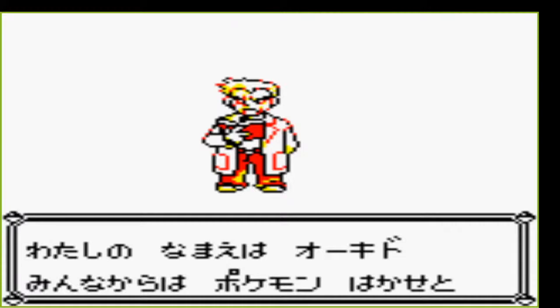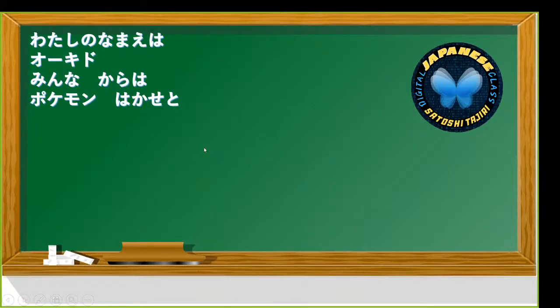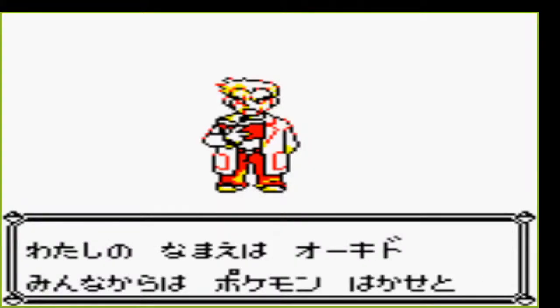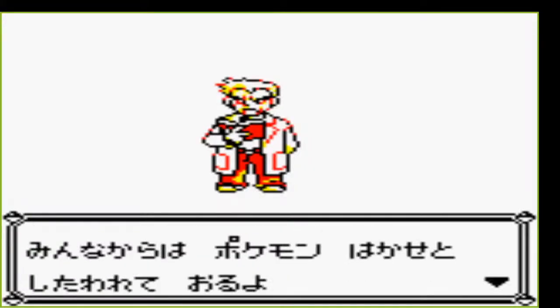Minakara wa Pokemon Hakase. Okay. Very good. Okay. Let's go here. Watashi no namae wa Okido. Minakara wa Pokemon Hakase. Hakase. Very good. Now, let's continue. Then I'll explain later on the words that we have.